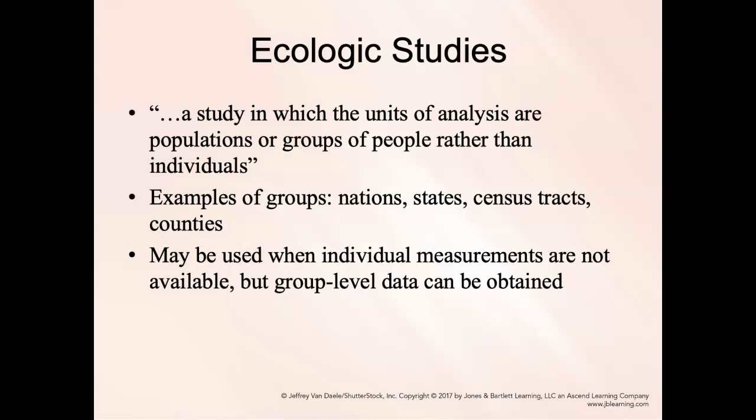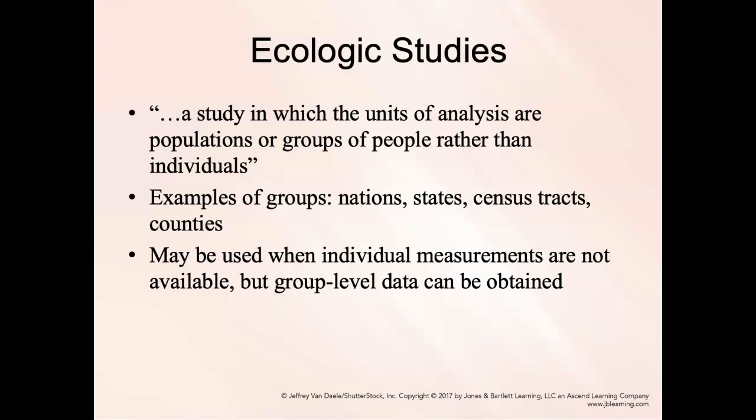However, we often can conduct what we call ecologic studies. Ecologic studies are different from other kinds of studies in the sense that they're a study that the unit of analysis is a group or a population rather than individuals. So, for example, you could look at counties as the unit of observation.